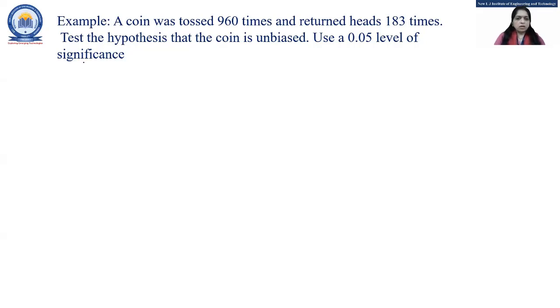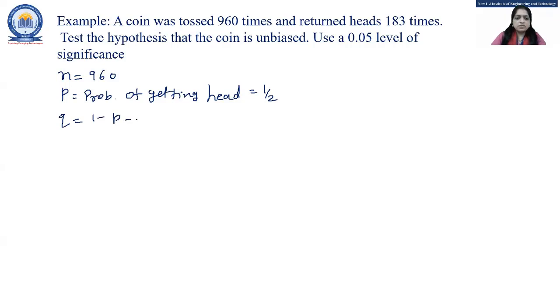Here N is 960, P, that is the probability of getting head, is 1/2. What about Q? Q is 1 minus P, so 1 minus 1/2, that is again 1/2.